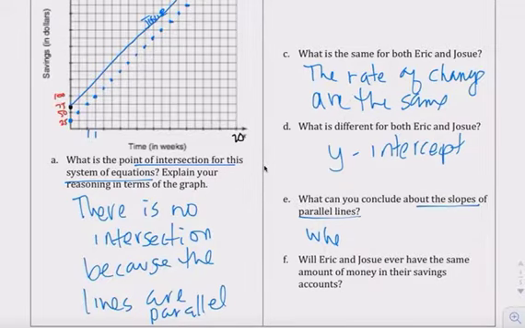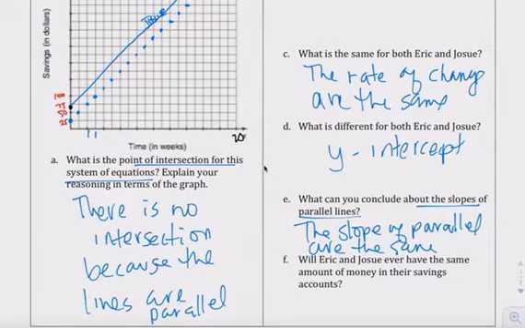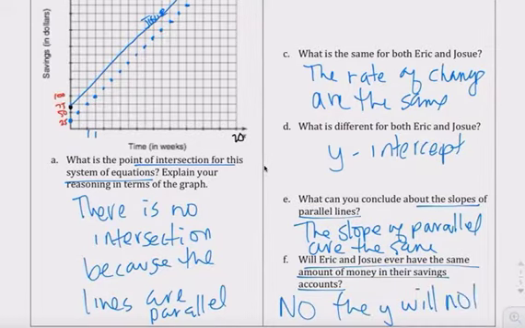The slope of parallel lines is the same. Will they ever have the same amount of money in their savings account? No, they will not. Never, because the lines never cross.